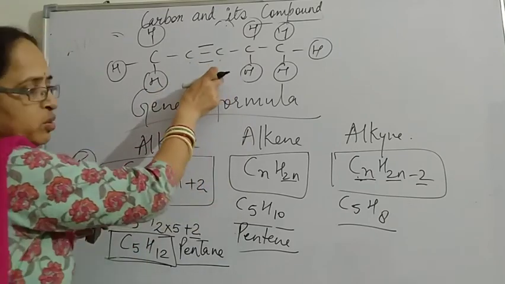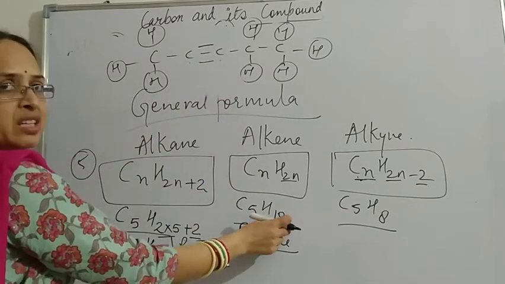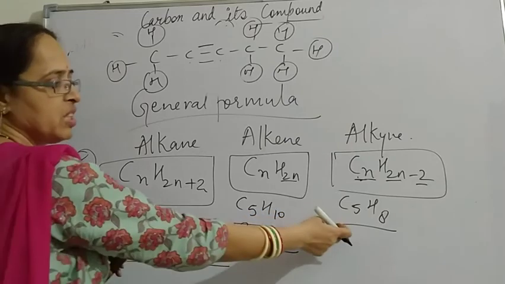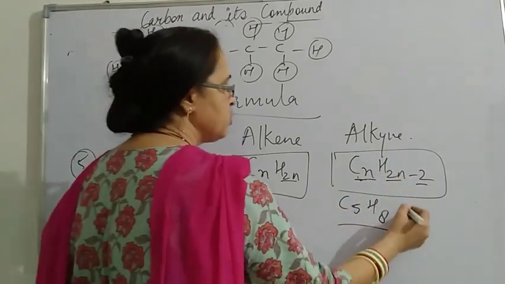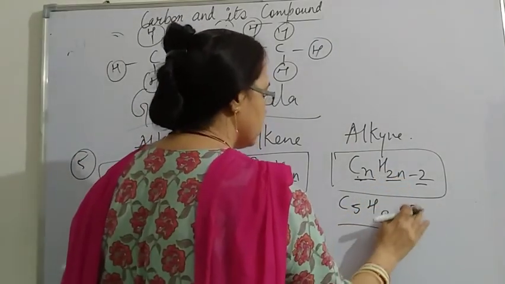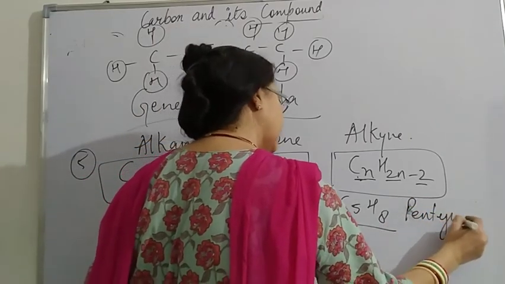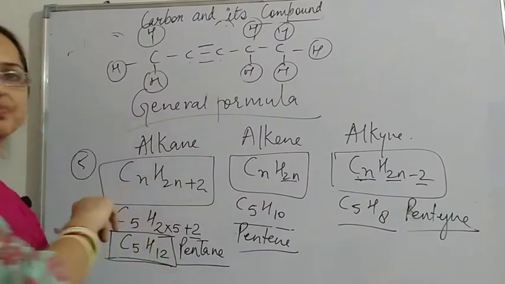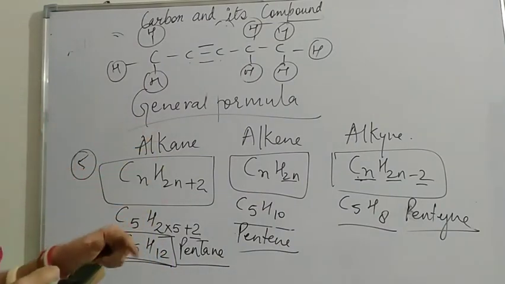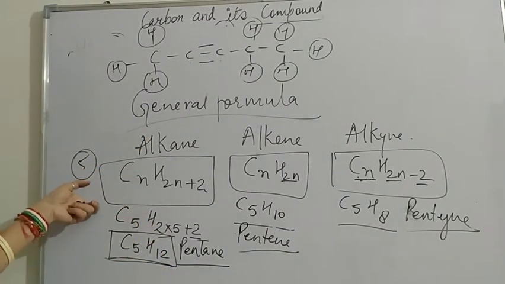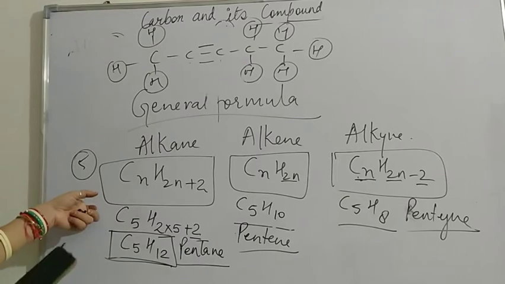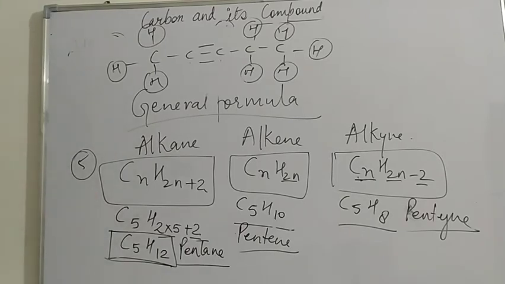When 2 hydrogens are removed from this, minus 2, you will get 8. So C5H8, it comes to be pentyne, this pentyne, 5 carbon. So here in this manner you can find out the general formula, and you can find out the number of hydrogen in that carbon compound.